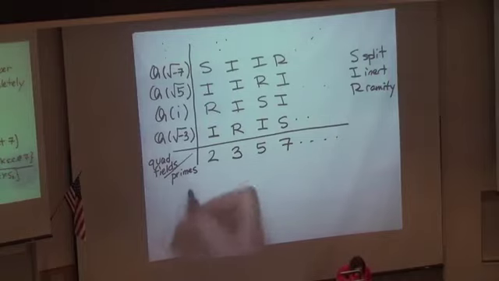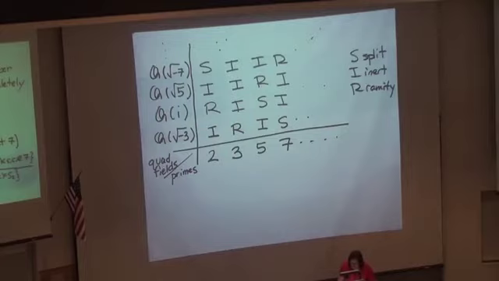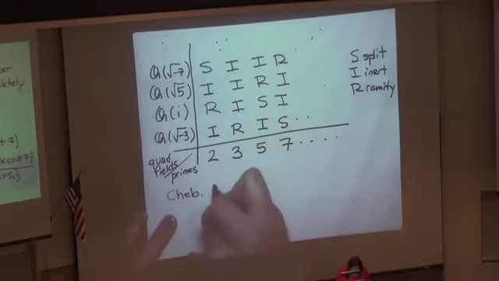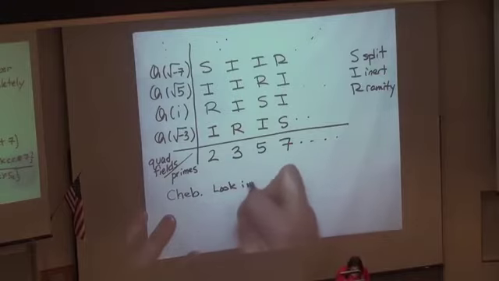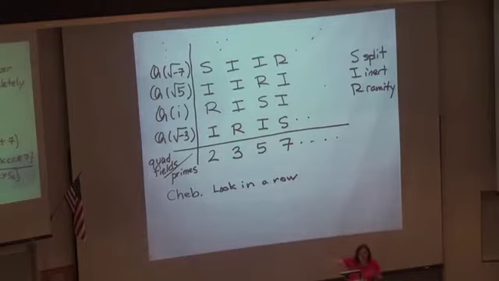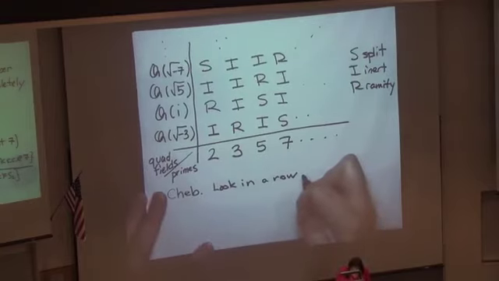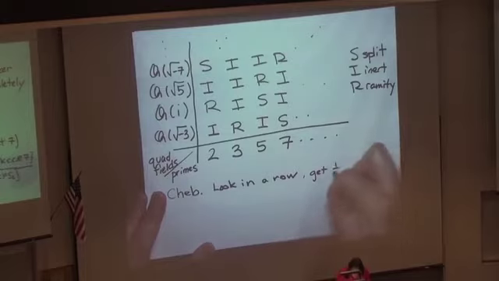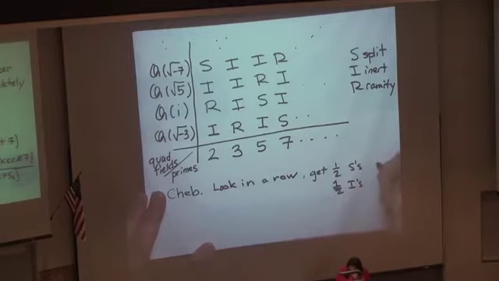And the Chebotarev density theorem, or in this case, more simply, something like Dirichlet's theorem on primes in arithmetic progressions and quadratic reciprocity, tell us that if we look in a row, if we look far enough out, we get about 1/2 S's and 1/2 I's, and sort of 0 R's.